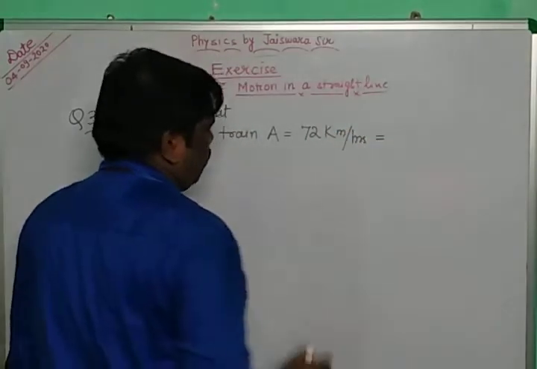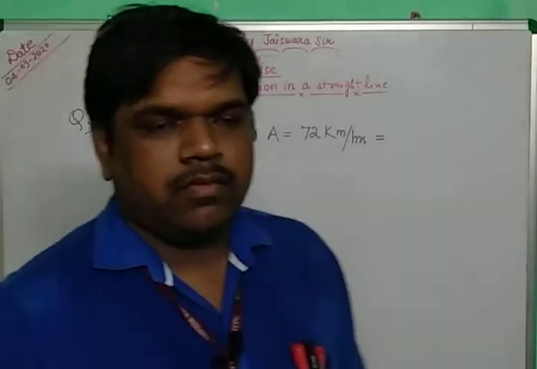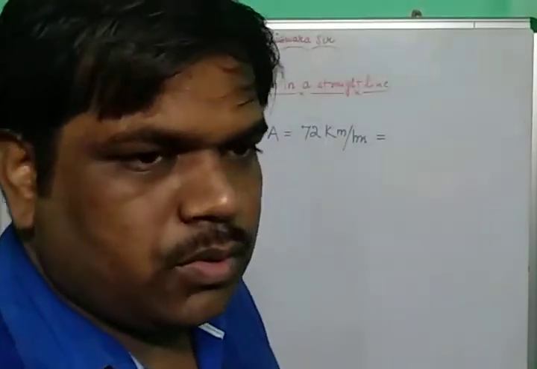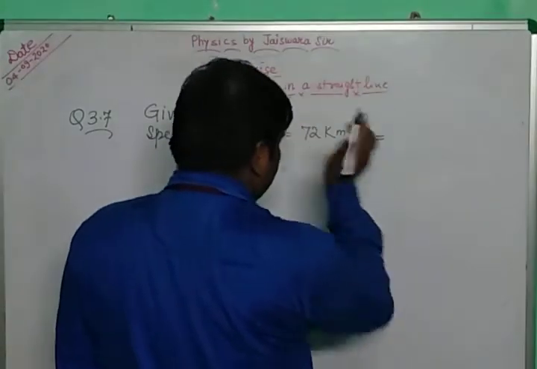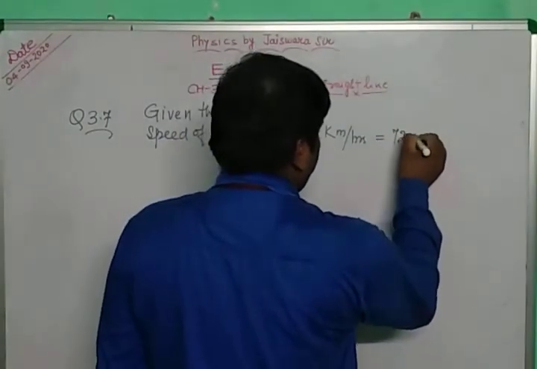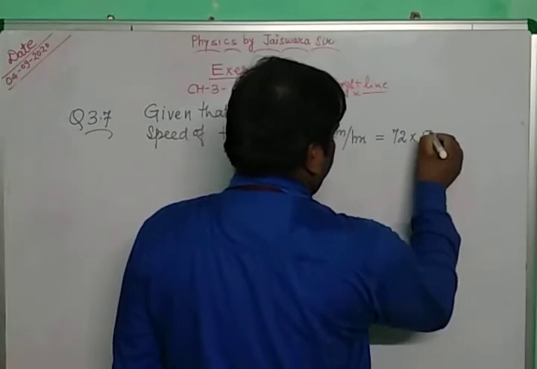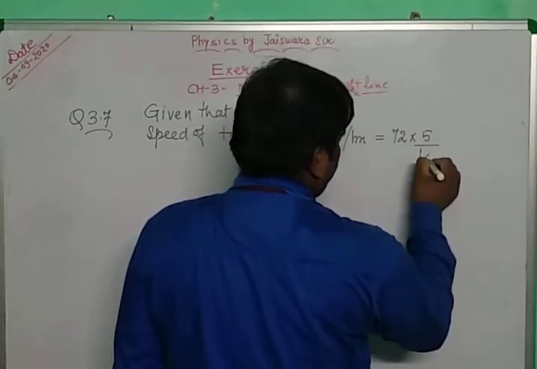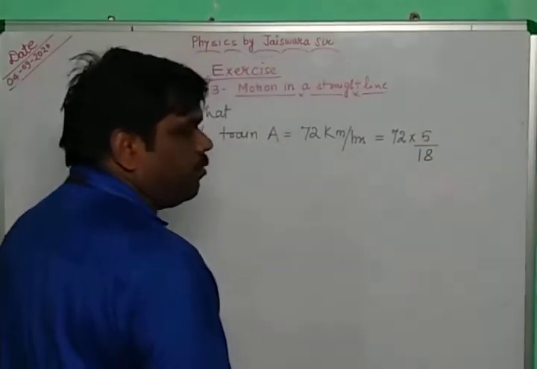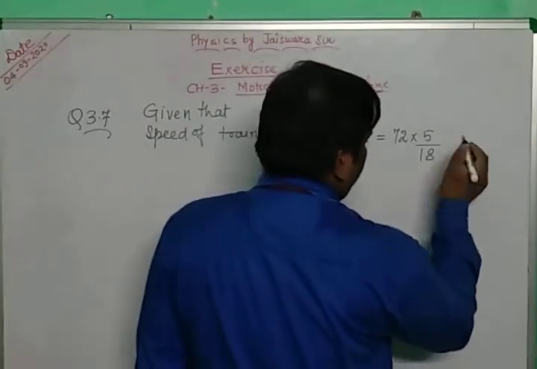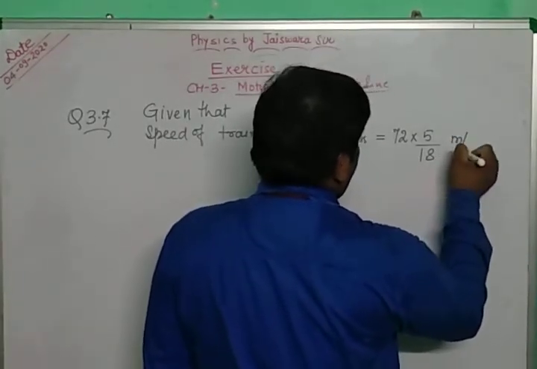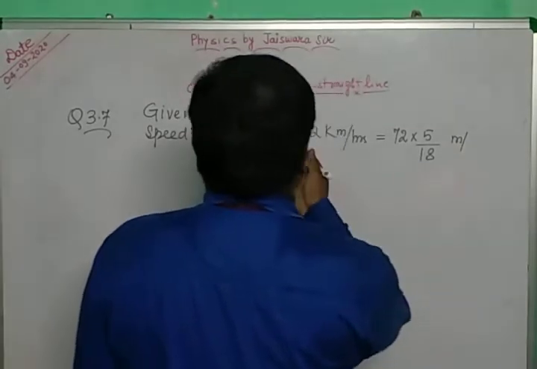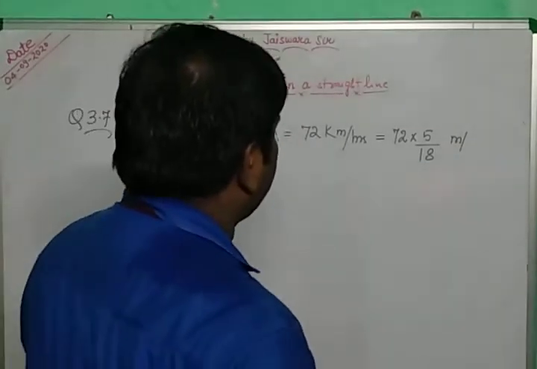And you know, when you convert 72 km per hour into meter per second, you have to multiply this by 5/18. So it will be converted into meter per second.